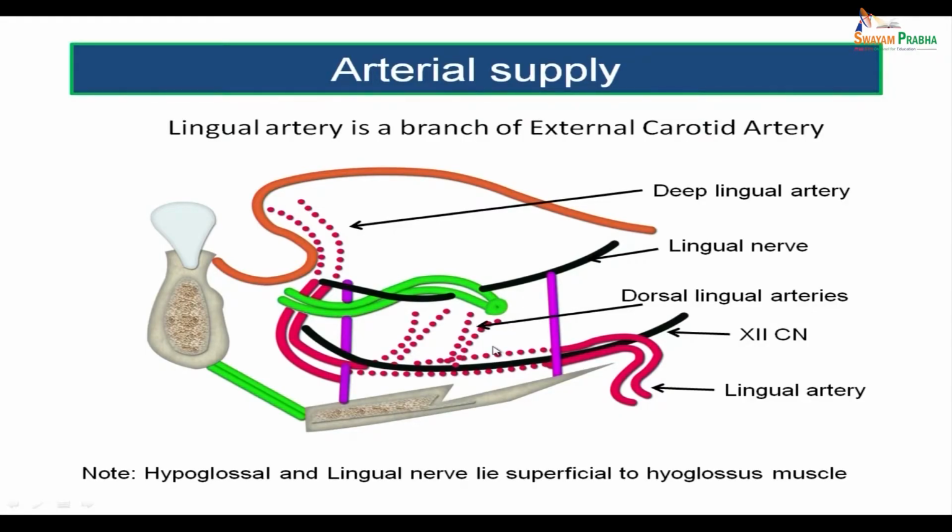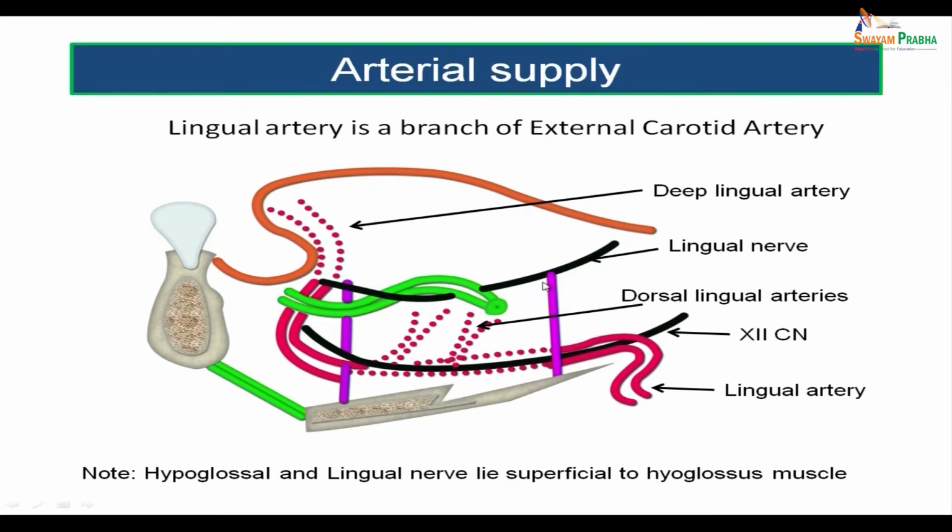As it runs deep to the hyoglossus muscle, it gives numerous branches which are called the dorsal lingual arteries, and finally continues as the deep lingual artery which reaches near the tip of the tongue. So, this is the course of the lingual artery originating from the external carotid, passing under the hyoglossus, giving these dorsal lingual arteries, and finally terminating as the deep lingual artery.